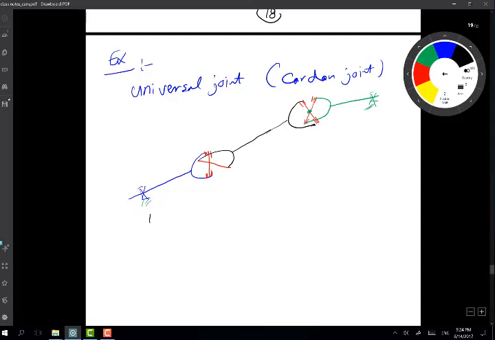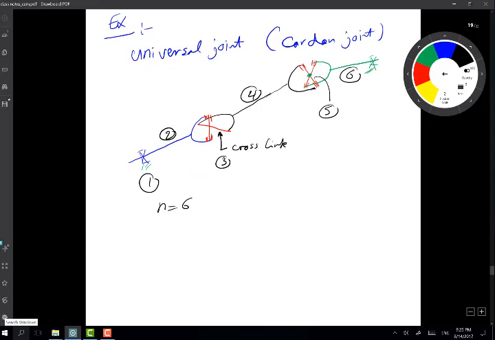So I have my frame, which is link number 1, and I have this link number 2. I have the cross link, that's link number 3. I have link number 4, this one here. I have another cross link, link number 5, and I have link number 6, this one here. So n is equal to 6, right? Now I have revolute joints here. That's a revolute joint R, and I have 3 links here.